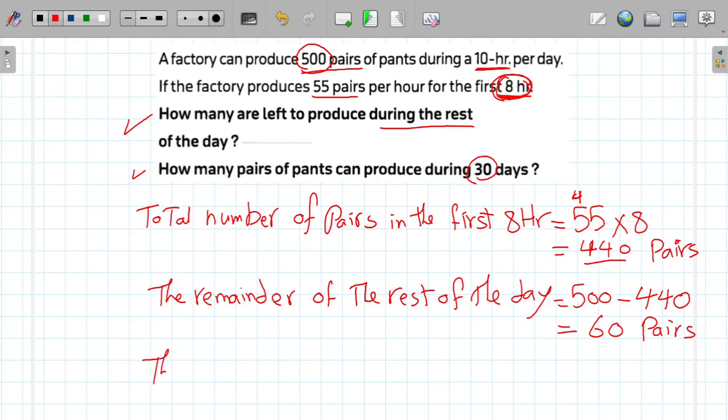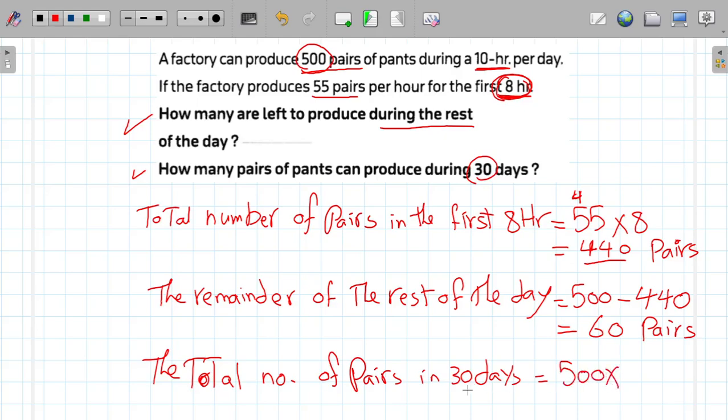So the total number of pairs in 30 days will be the number of pairs in one day, 500, by the number of days, 30.